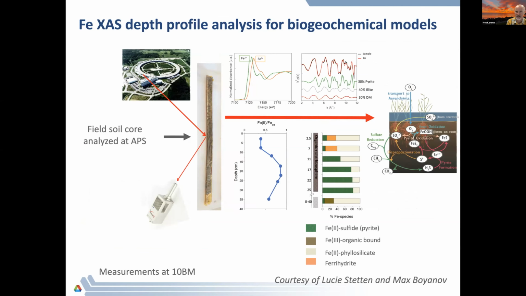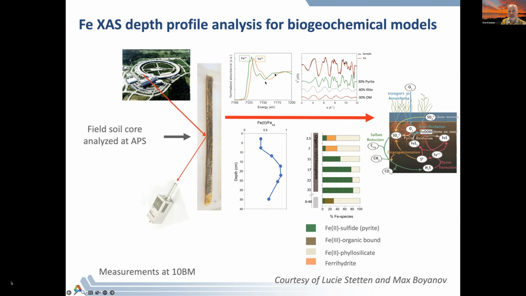If we were sitting at the iron edge doing iron XANES, as depicted up here, we of course can use the XANES to depict the difference between iron 2 and iron 3 in the soil. You can then look down here in the depth profiling, where we had a 40-centimeter core, and at different depths showing how much iron 2 there was relative to total iron in the system, getting the average valence state of the iron.